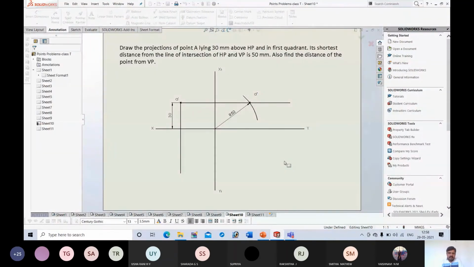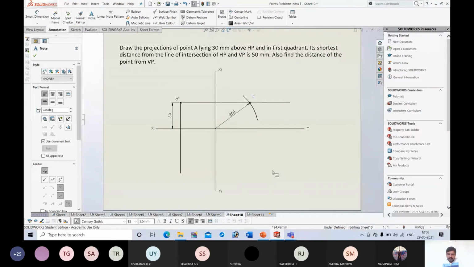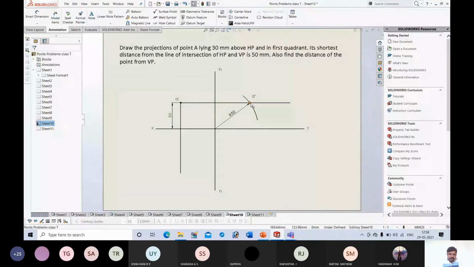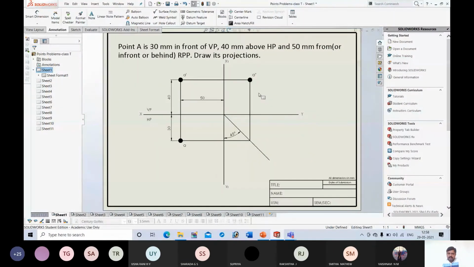Next, I know the relation between profile view and top view. If you observe the previous problem, I have drawn the front view and profile view already. Now I should get the top view. I know that on this line only I should get the top view.